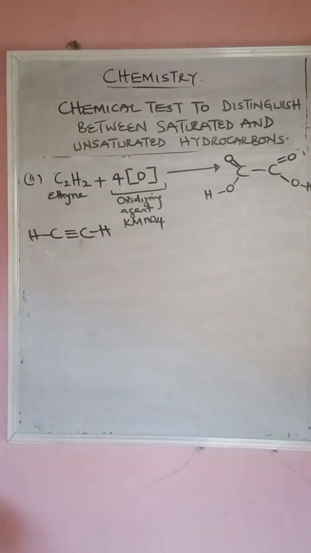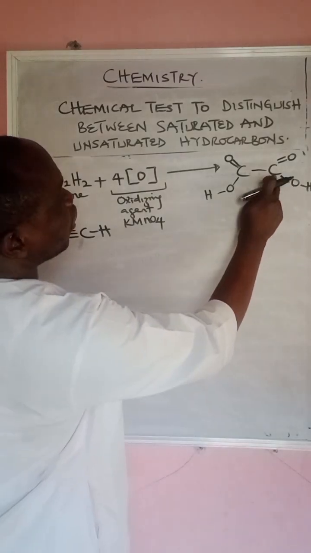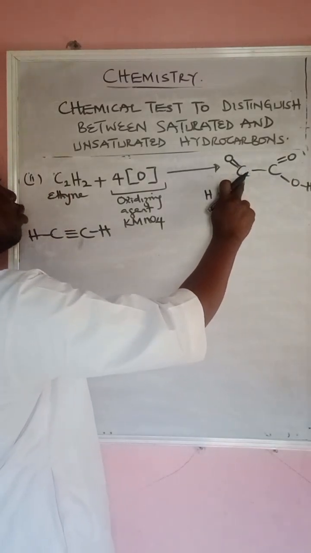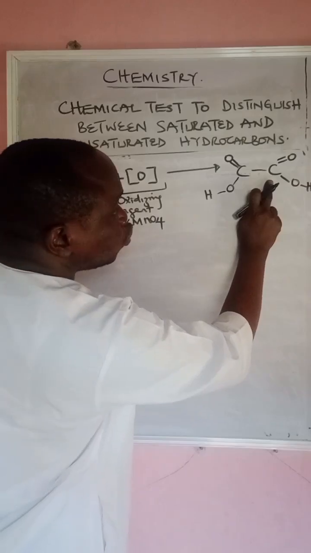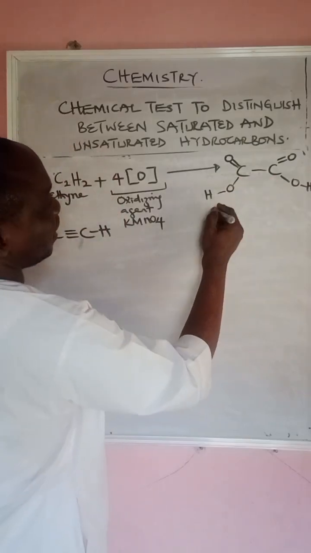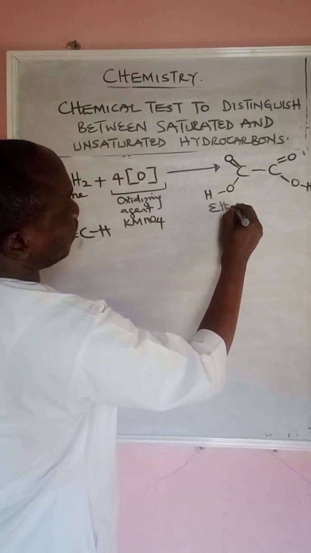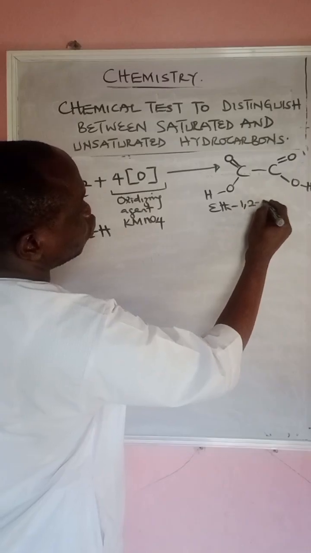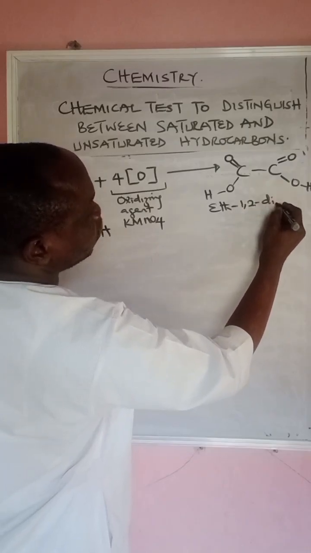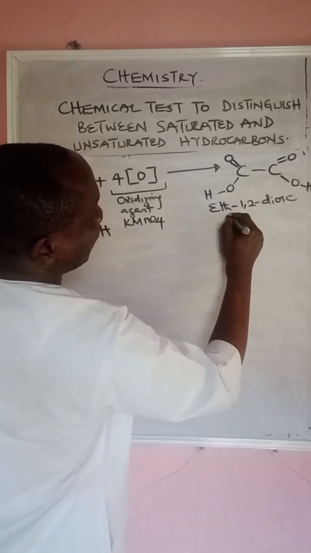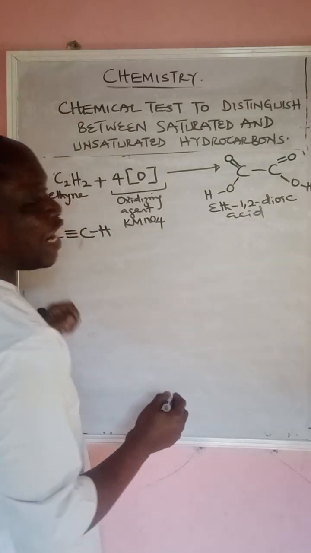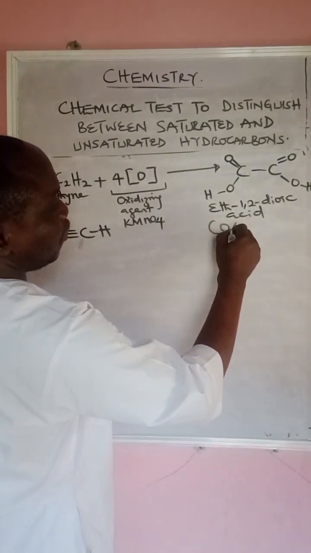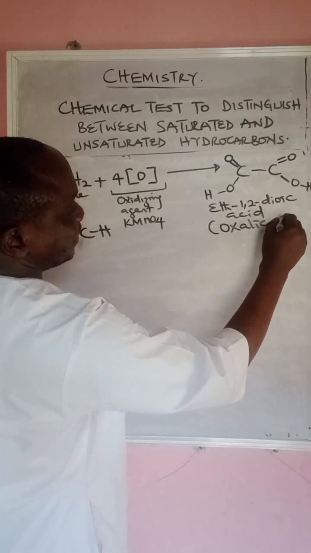This belongs to alkanoic acids, and this is a dicarboxylic acid. OH on carbon 1, another OH on carbon 2. So it will be ethane-1,2-dioic acid. Call it dicarboxylic acid, known as oxalic acid.